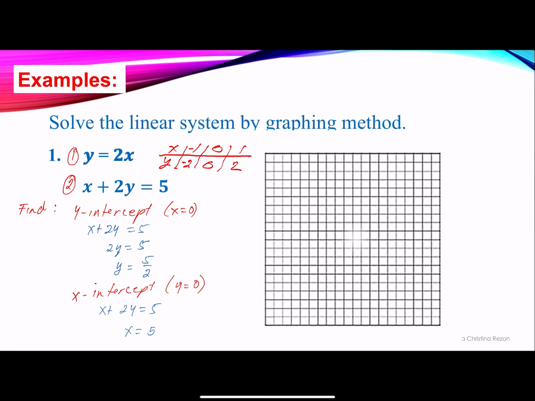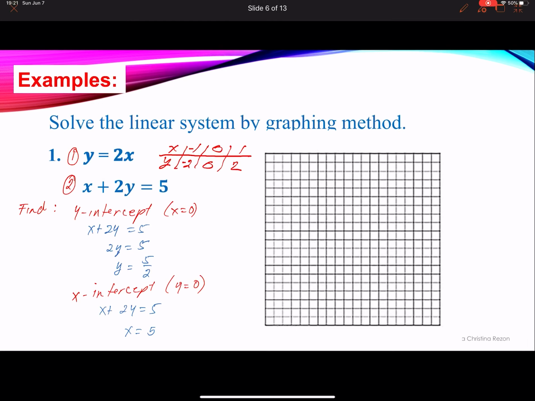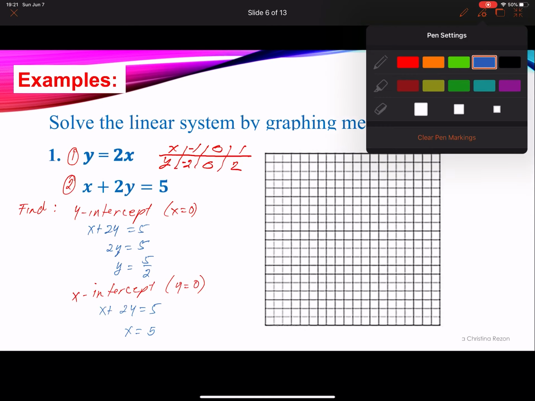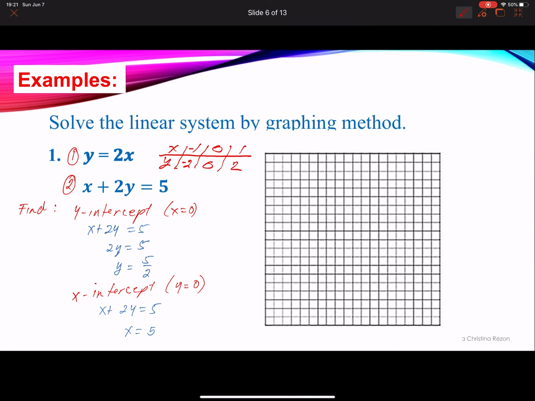So let's draw our Cartesian plane. This is your y-axis or the vertical axis, and then for your x-axis. Okay, now we do a 1:1 scale here in this graphing part.